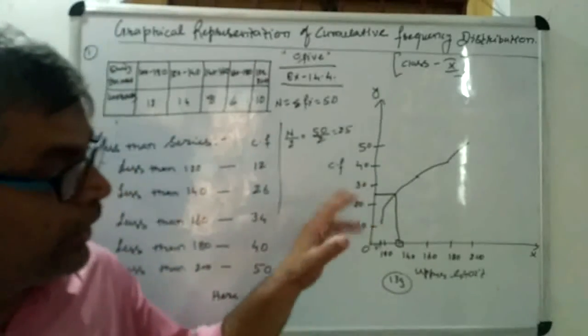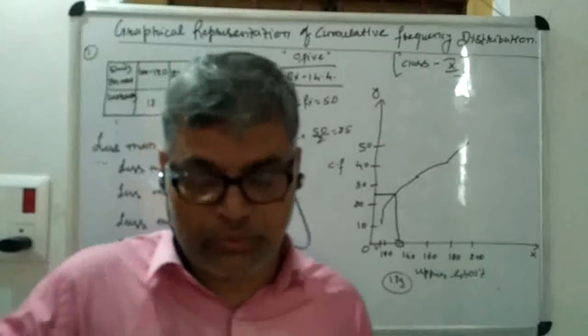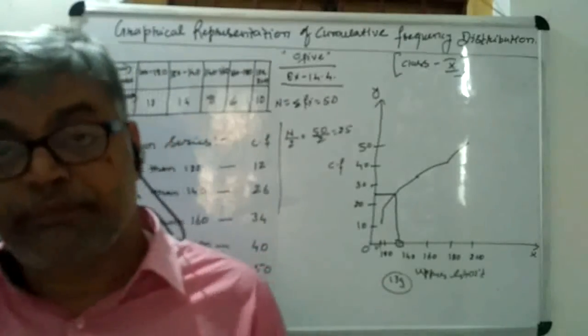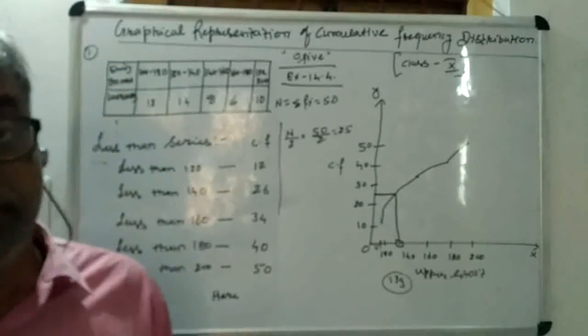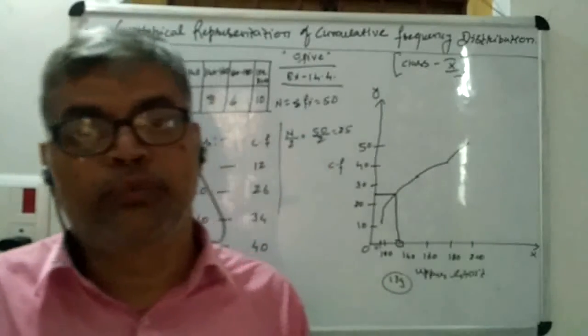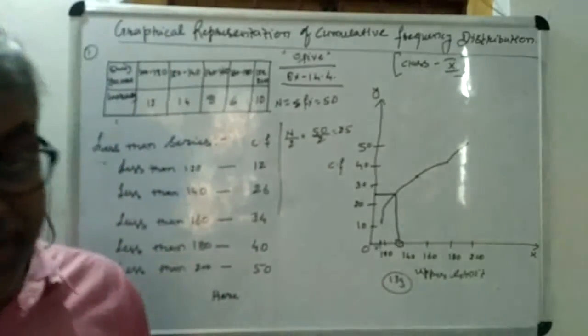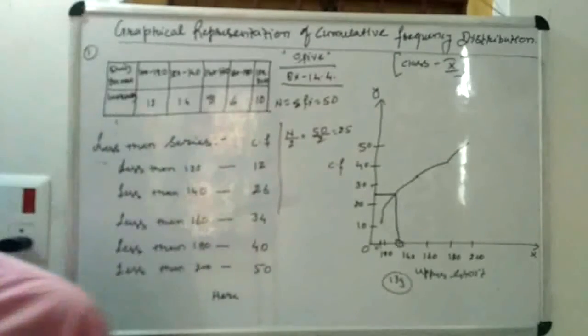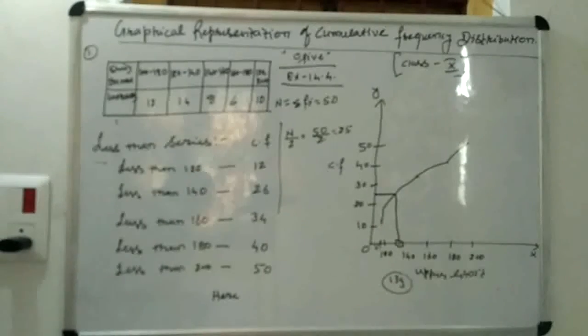Otherwise I have drawn a rough sketch here to help you understand. If you use graph paper to draw the ogive, then it will be more clear and you will get appropriate data. So in this way all of you should draw the ogive.